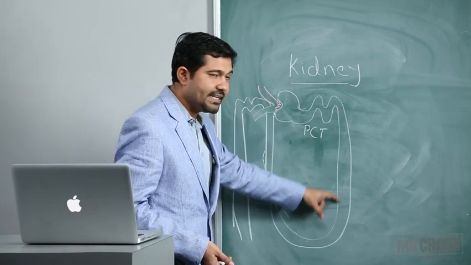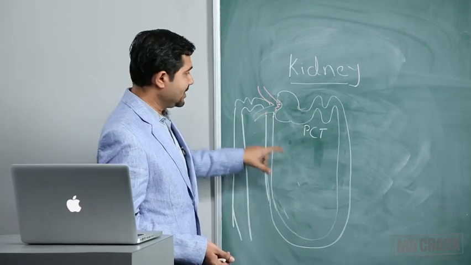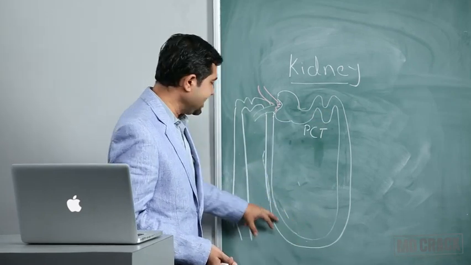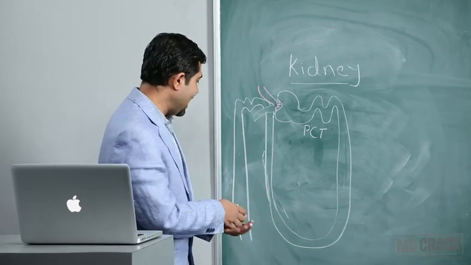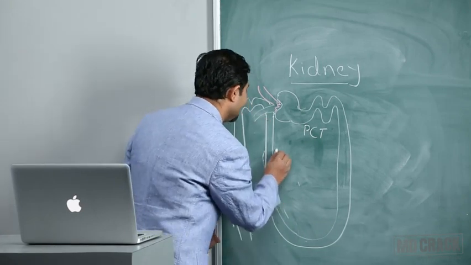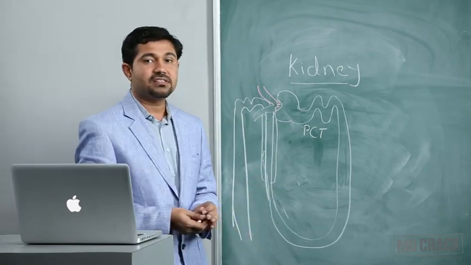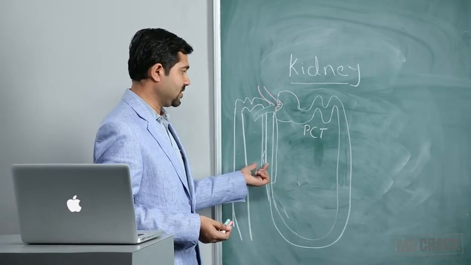This is its descending limb and this is its ascending limb. The descending limb is generally called the thin descending limb, whereas the ascending limb has two parts, the thin ascending limb and the thick ascending limb. Now why is it called the thick ascending limb? Because the cells here are columnar and have a number of functions, as we will see.